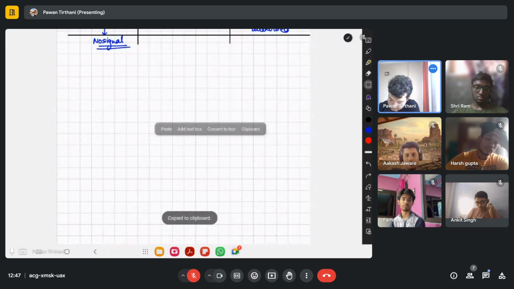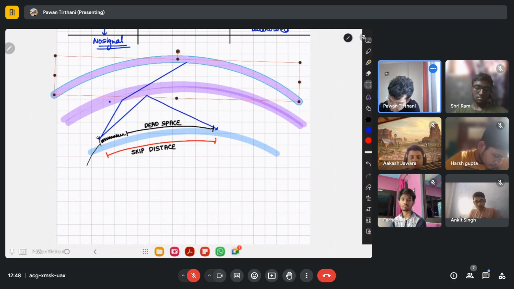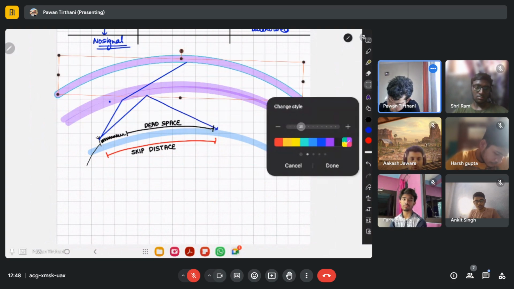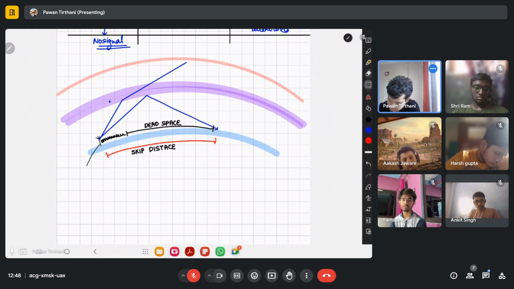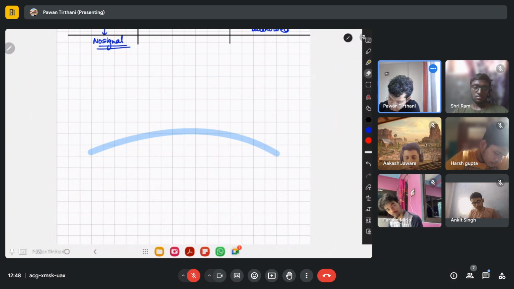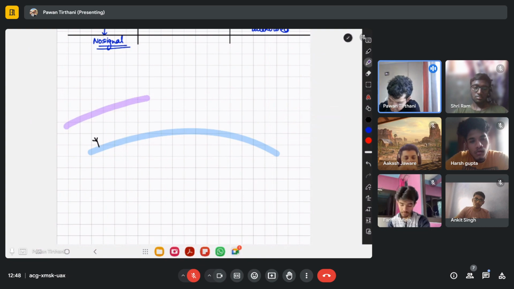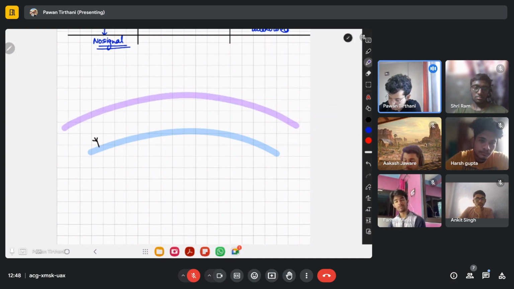So have a look. Let's say this is the D layer.